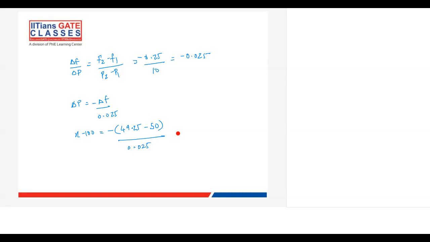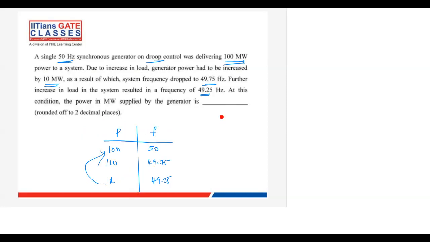If you do this calculation, you will get it as 30. So what is X? X is 100 plus 30, which is 130 megawatt. This question is a fill in the blanks type question, so the answer would be 130.00 megawatt.